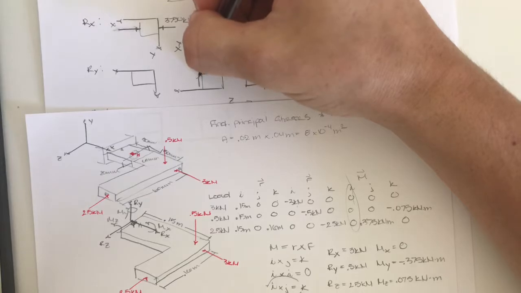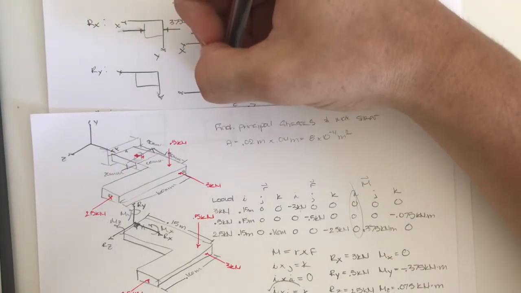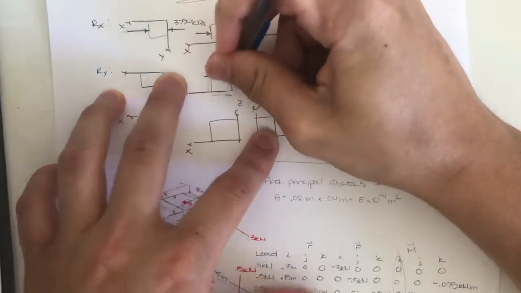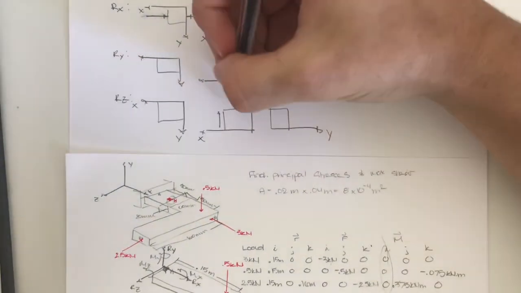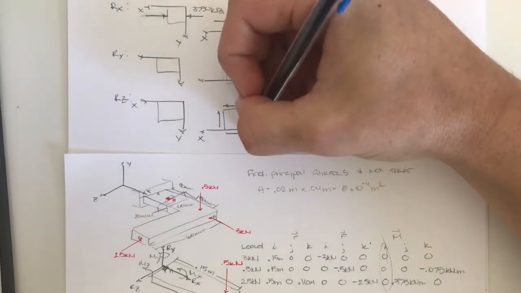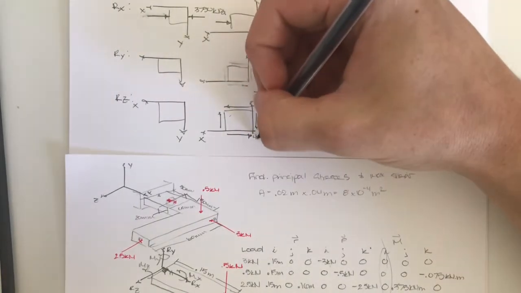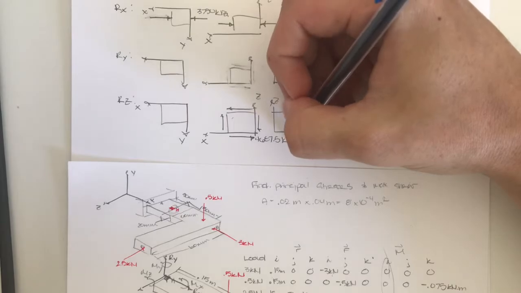So we need a shear stress that looks like this. Oh, I did that for the wrong stress box. That'll be right here. This would be a positive slope in this case. So that's 4,687.5 kilopascals.